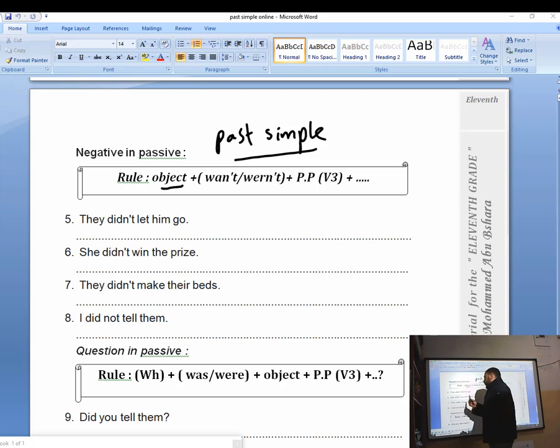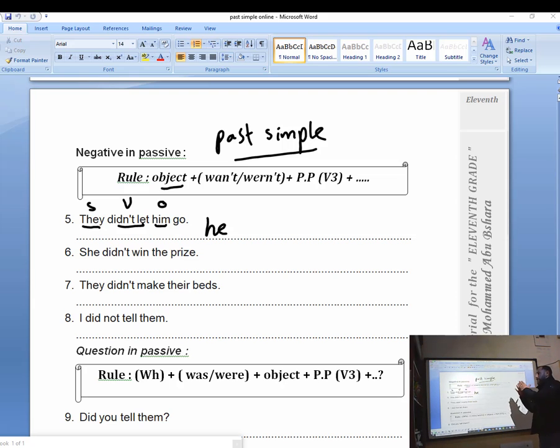Okay, I'm going to start to divide the sentence just like the first sentences. They is the subject, didn't let is the verb, him, object. They didn't let him go. Again, gentlemen, if we have an objective pronoun at the end just like him, we will change it into a subject pronoun. This is an objective pronoun, just like me in the previous example.